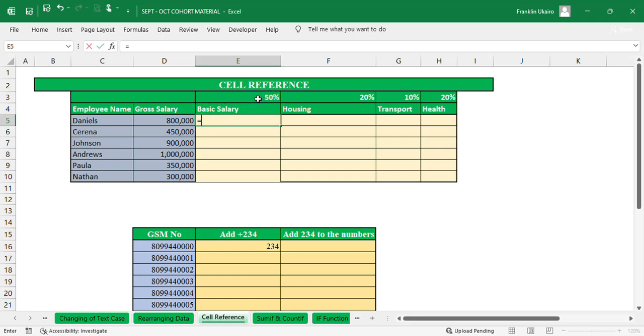Let me do it again. Before we lock the cell, if you click on the 50%, it will show you cell E3. But once you lock it, it changes to $E$3. Let's lock it again.